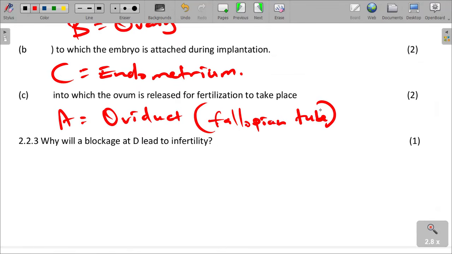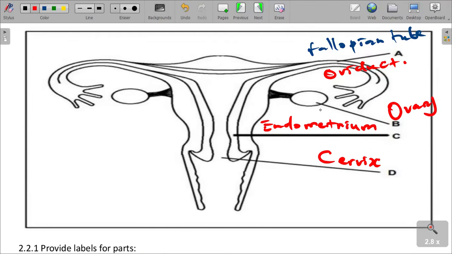The next question is saying, why will a blockage at D lead to infertility?